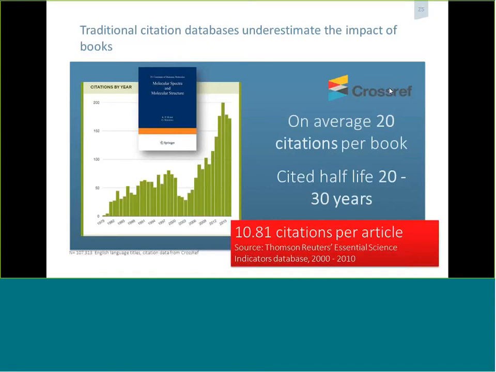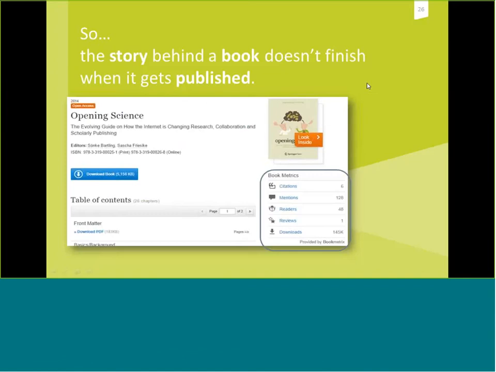If we had taken data from either Thomson Reuters or from Scopus, then for the vast majority of our authors, I would have said, maybe your book has been cited, but I don't know because it wasn't indexed. So that's the reason why we went for Crossref. And so the story behind the book doesn't finish when it's published. And the good thing, it's all for free.